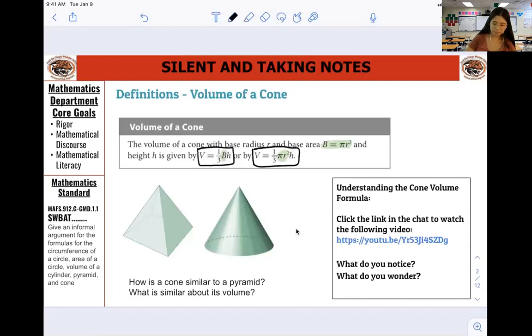Good. They both have an apex. So the base over here is a circle. What's the base of a pyramid? Square.